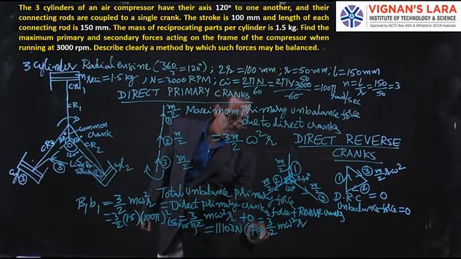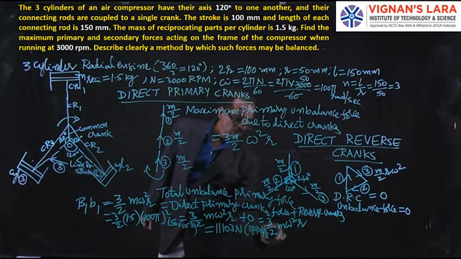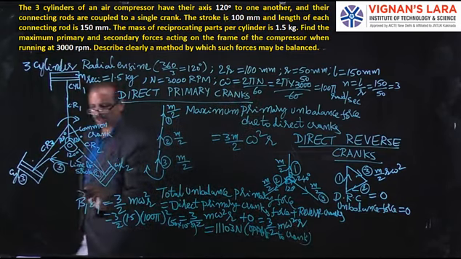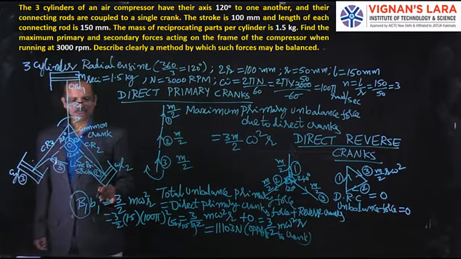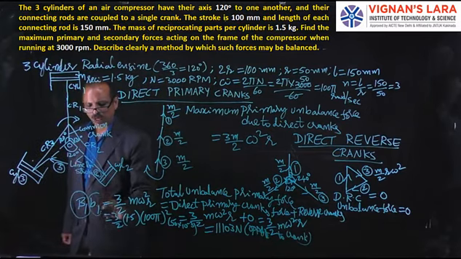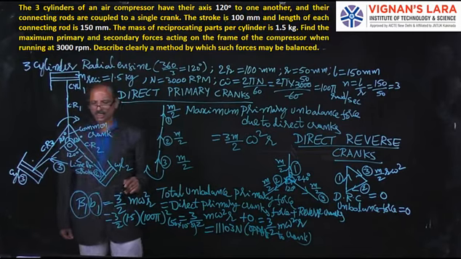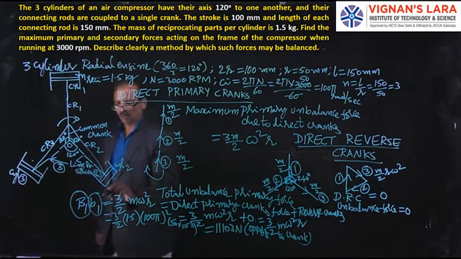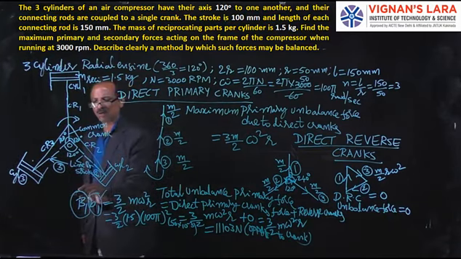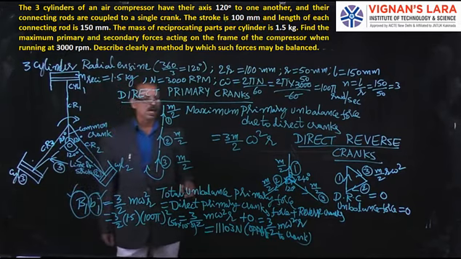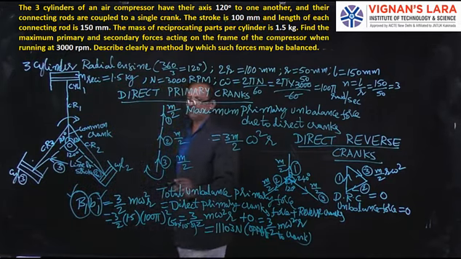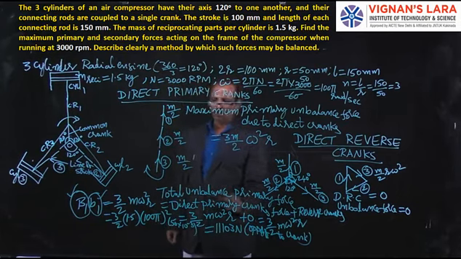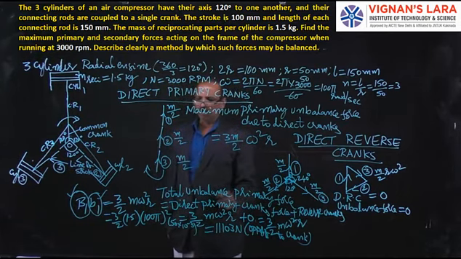Okay, so this you can balance it exactly opposite to the crank, by placing a mass of B1. If you select mass, then you can find out at what radius you can place, or if you select at what radius we can place, then what mass you can insert, you can find out. So we have to equate B1 into b1 is equal to 3 by 2 m r omega square.